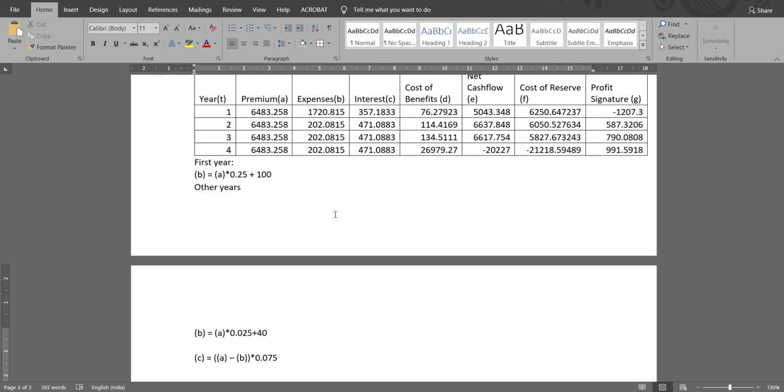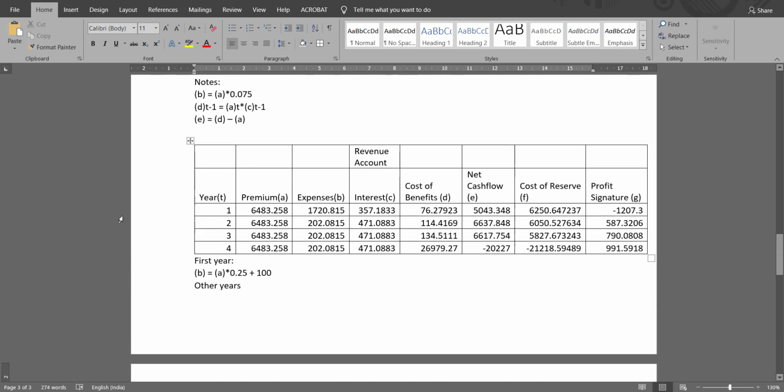What is the cost of benefit next? So cost of benefit, like you can say directly, it's actually D is equal to benefit amount including bonus times probability of claim. Okay, you have explained this as well.